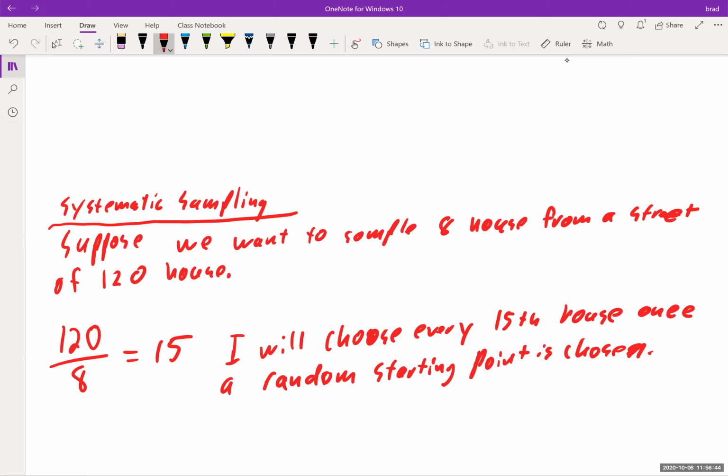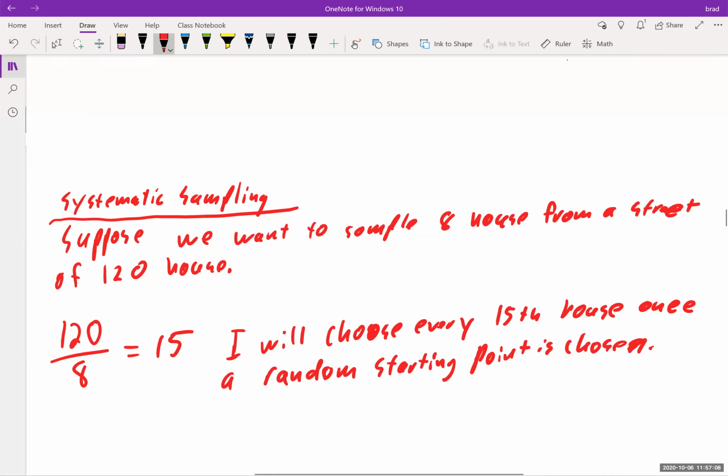Okay, so I have a random starting point. So that way I still can say that it's random instead of picking every 15th house and starting at one, then I kind of know the outcome. But if I randomly choose where I'm going to start, then every 15th house, it is very systematic. I'm going to do it in a certain way, right? However, the starting point is chosen randomly. So that's what helps.